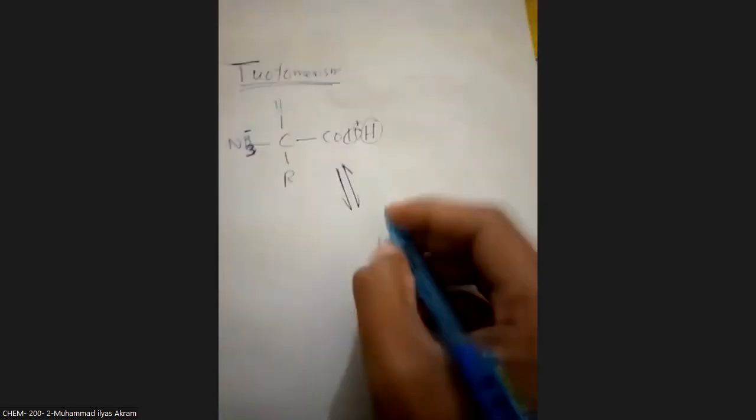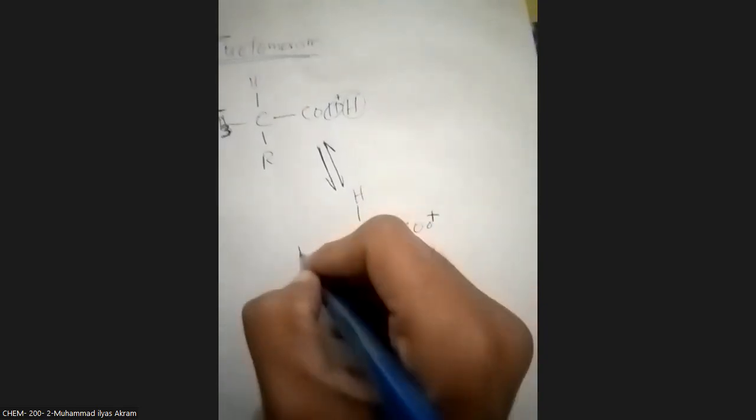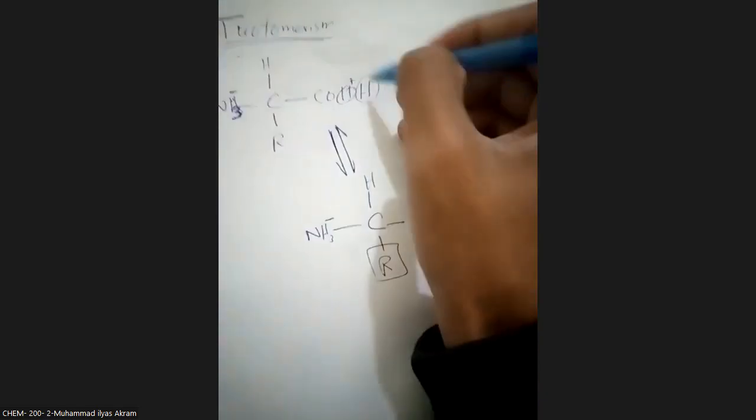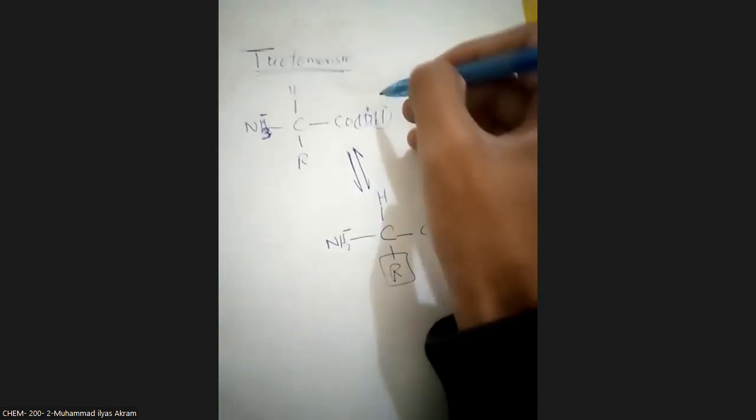So this will be a reversible reaction, and this will form as carbon C double bond, negative charge, positive charge, and here hydrogen and NH3 negative with R any functional group. So this is one of our amino acids. When we take this hydrogen atom to the amine group, this will form a positive charge here and a negative charge on the ammonia.